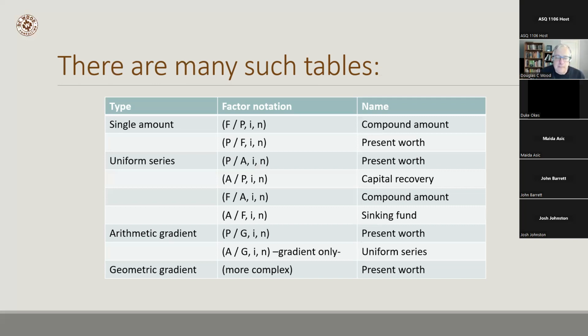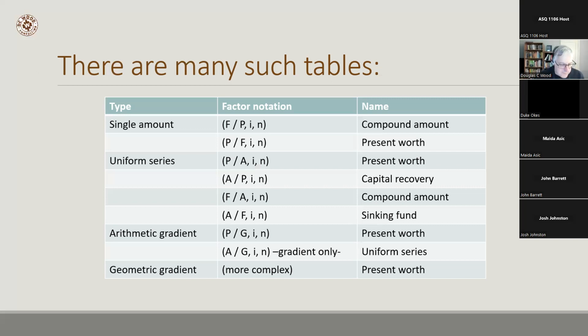If you have an amount way out in the future and you want to find the annual amount, that's going to be A over F. Okay? It's going to give you the annual amount, the A, given an F or a future value, and they call that a sinking fund. Maybe you've heard those terms. But all of them relate back to these tables.